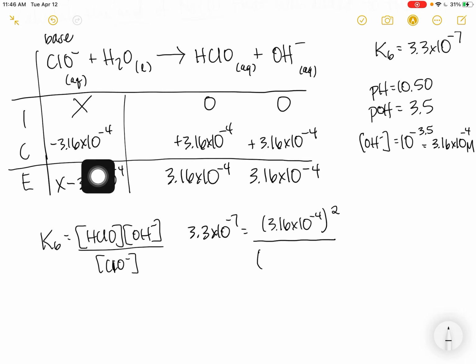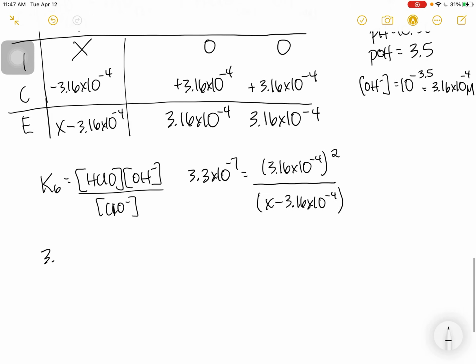And then my equilibrium concentration of my base is X minus that. This is a little more involved to solve than perhaps what we've done before. Multiply both sides by the denominator, and we end up with this.